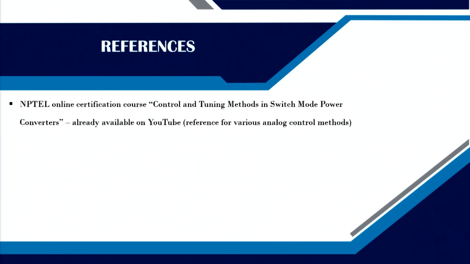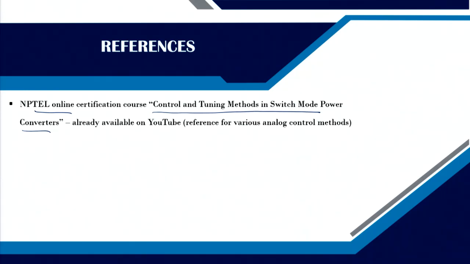In this course I just want to summarize the reference material that will be used. One is our earlier NPTEL course, Control and Tuning Methods in Switch Mode Power Converters. This is already available on YouTube, and that course discussed in detail different analog modulation and control techniques for analog control.